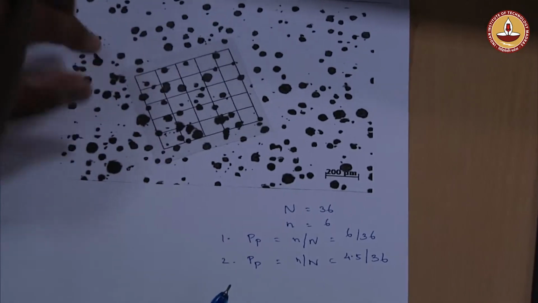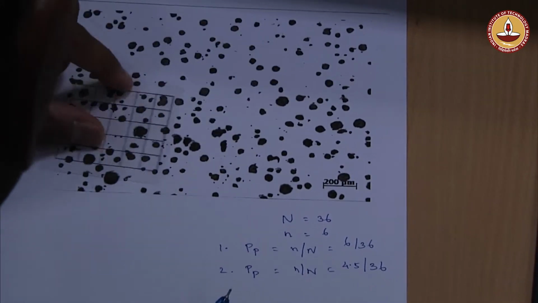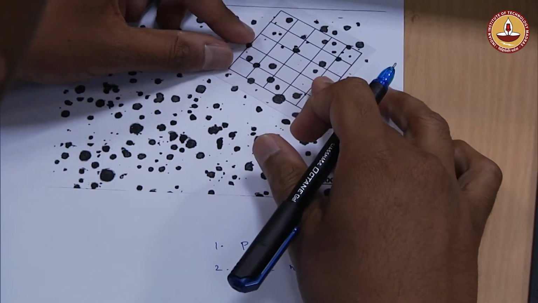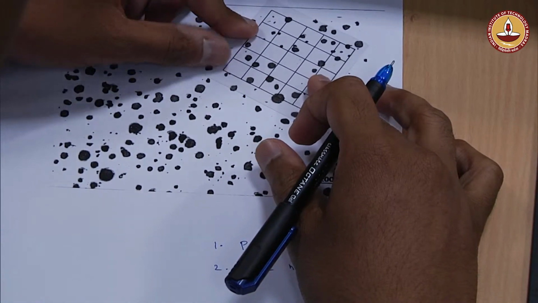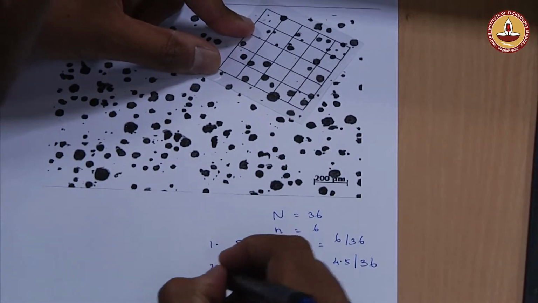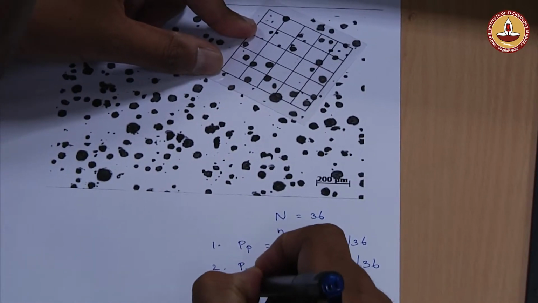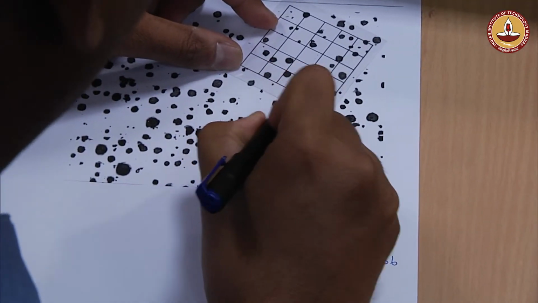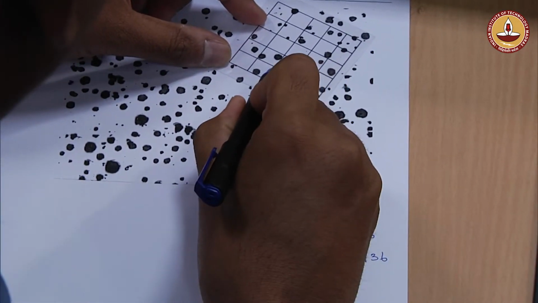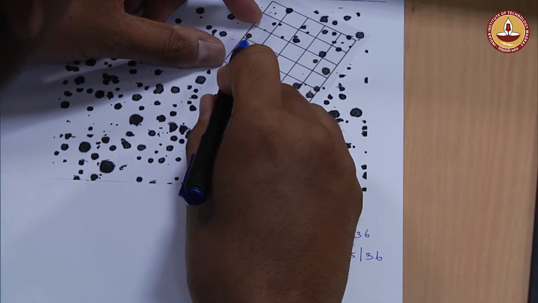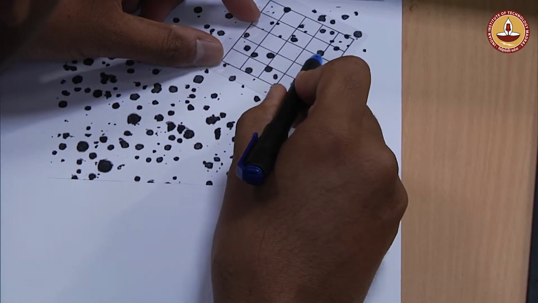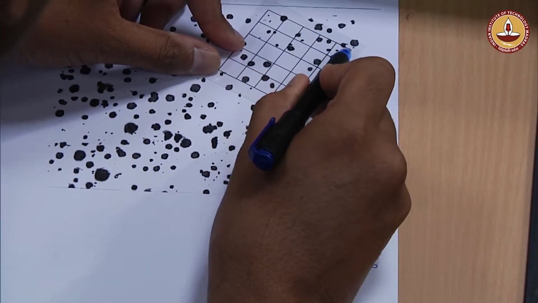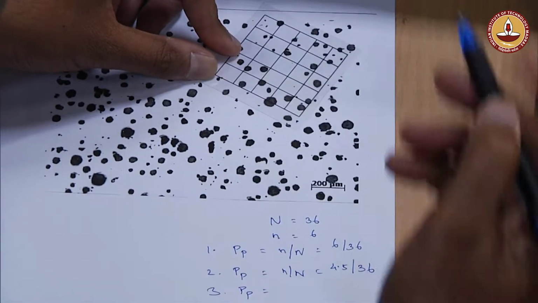We will put one more random measurement somewhere here, and again start counting. Let us see what we get. So for this PP, I start counting 1, 2, 2.5, and then 3.5, and then 4.5 again.